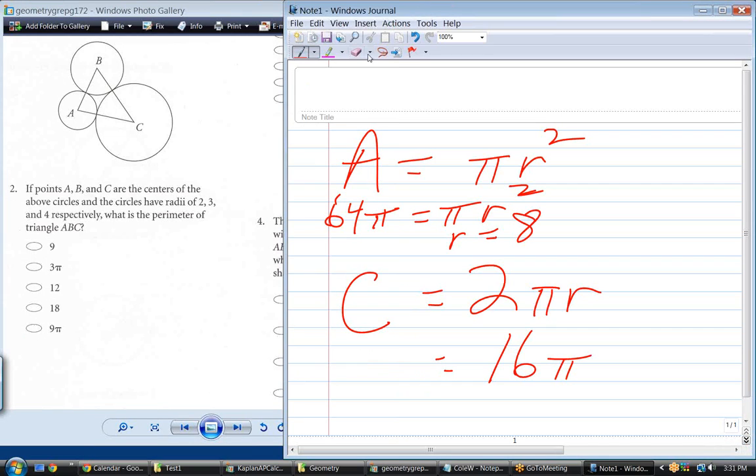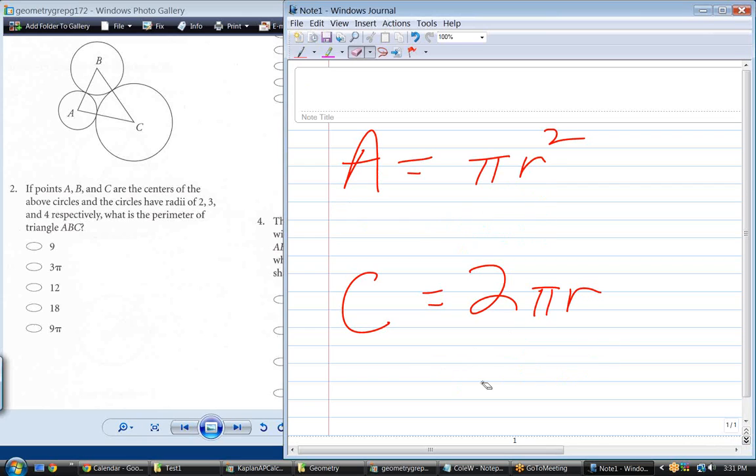I'll leave these up here for just a bit because we're going to use them probably in every single question on this part of the quiz. If each of these is at the center of their respective circles and the radiuses are 2, 3, 4 respectively, what's the perimeter of this triangle? There's the triangle.